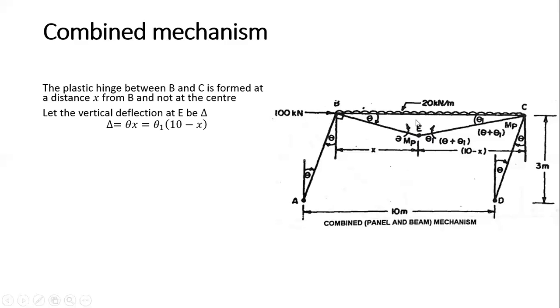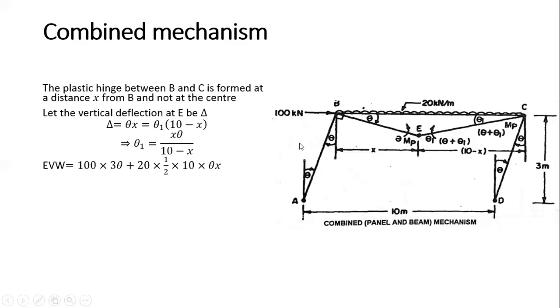This delta is equal to x times theta, and here it is theta 1 times 10 minus x, because I don't know whether this x is equal to this x. So that's why I consider this as theta and this as theta 1. So we have to calculate theta 1 from this expression. So this is my theta 1 in terms of theta. Now external virtual work will be how much?